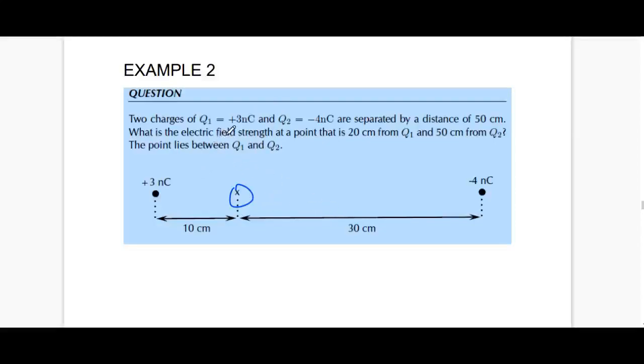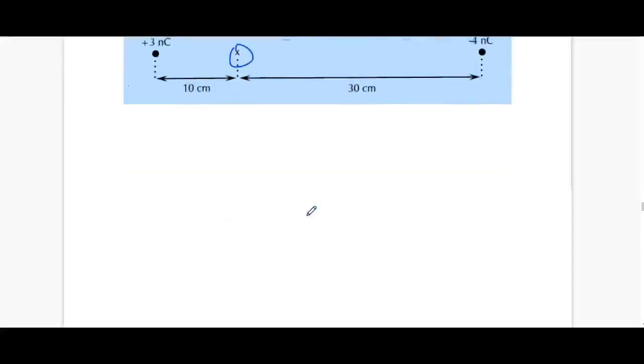What is the electric field strength at a point that is 20 centimeters from Q1? This one was supposed to be 20, but now it's 10, and 50 centimeters from Q2. Well, let's decide. We're going to use the ones that we see.